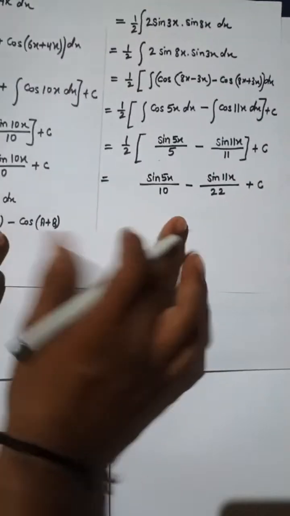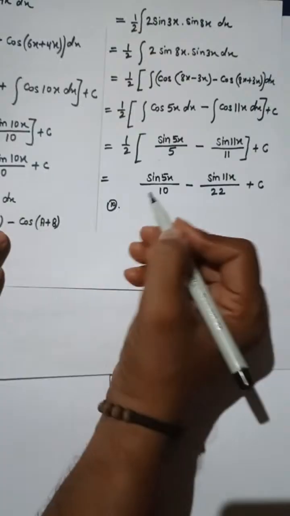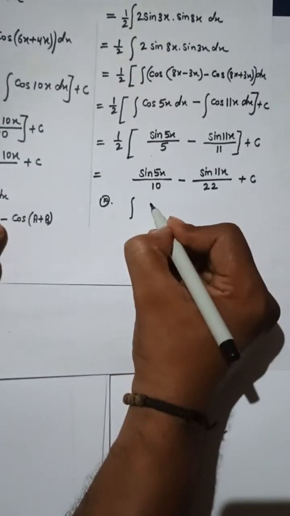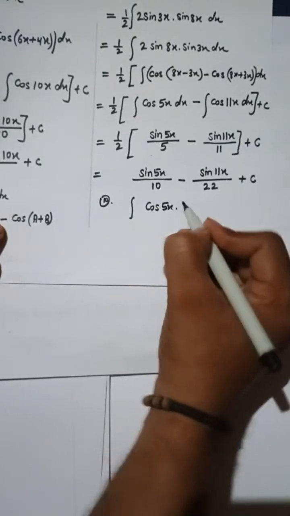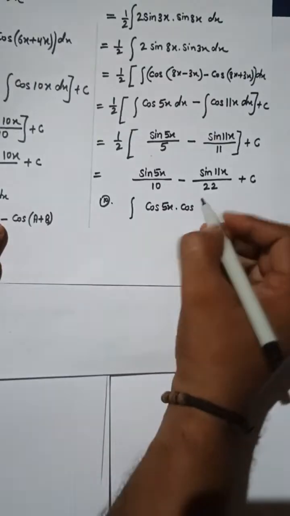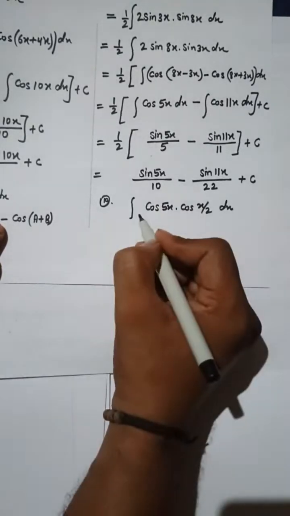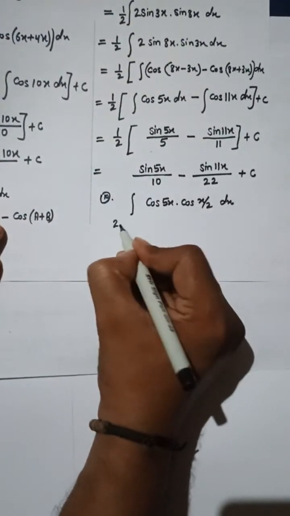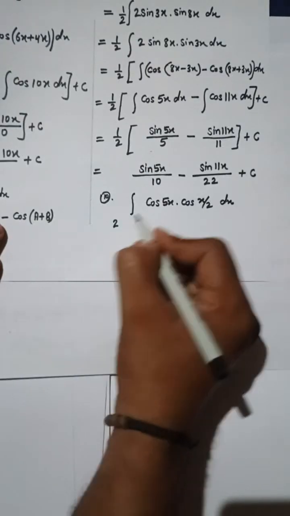Let's do one more problem. Question number 10. Integration of cos 5x cos x by 2 dx. So this can be solved with this formula, 2 cos a into cos b, because both are cos.